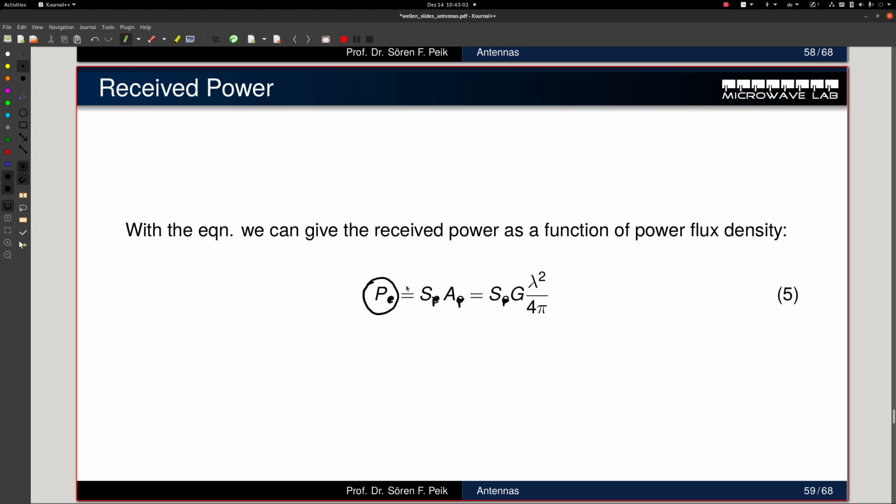The received power is, from what we know before, the collecting area times my incident flux density, and I can now replace my A by my formula here, G times lambda squared over 4 pi. And then maybe let's write it down again. P received we can also write as the received power flux density times my gain times lambda squared over 4 pi.